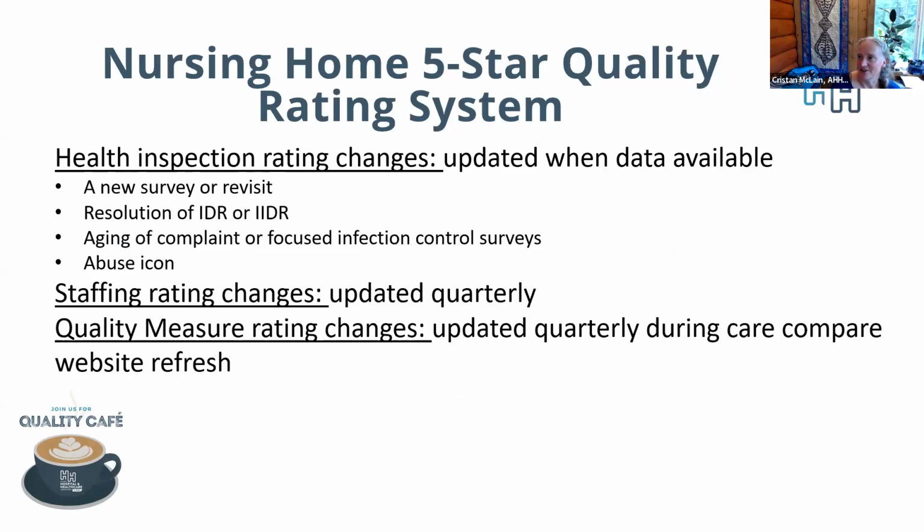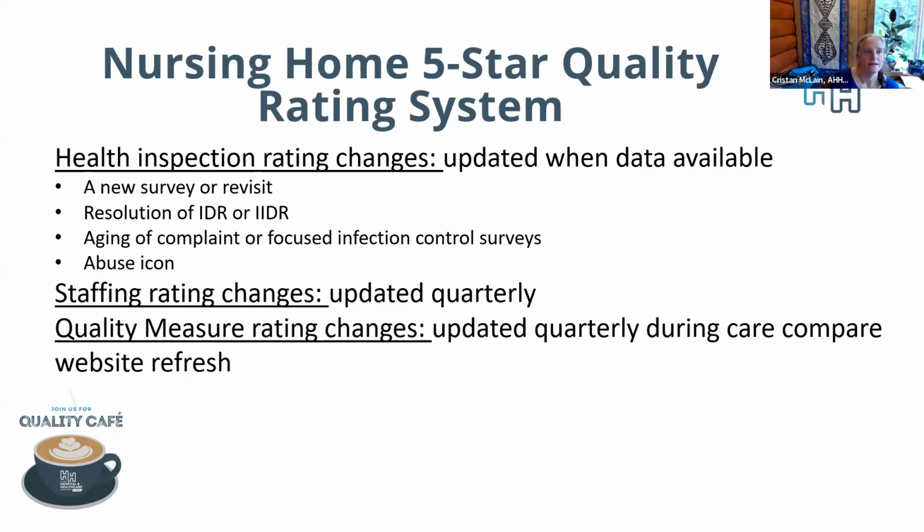So how often does the star rating change for nursing homes? The health inspection rating can change whenever the state or CMS updates it. So once your plans of correction are complete and accepted and you're back in compliance, or your survey is complete, they can update that data. That includes a new survey or revisit completion, any dispute resolutions, and complaint or focused infection control surveys, or if they age out over that 3-year period.